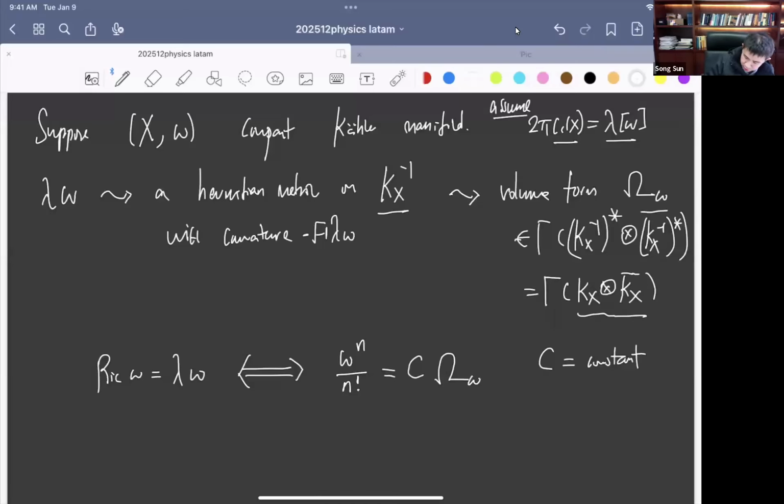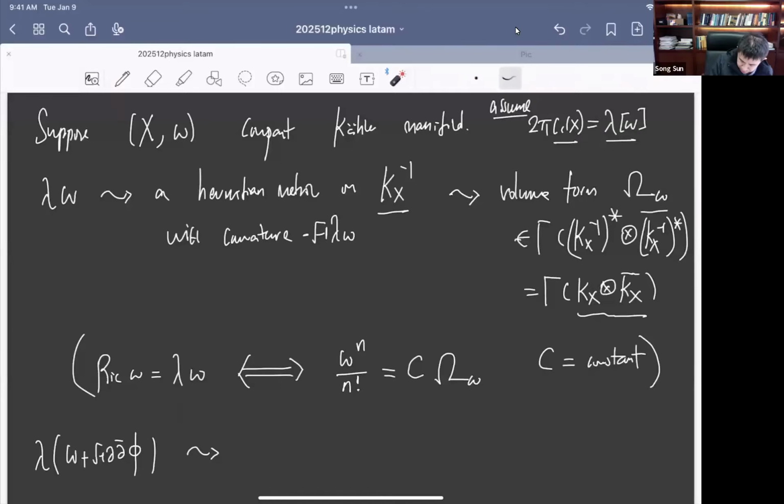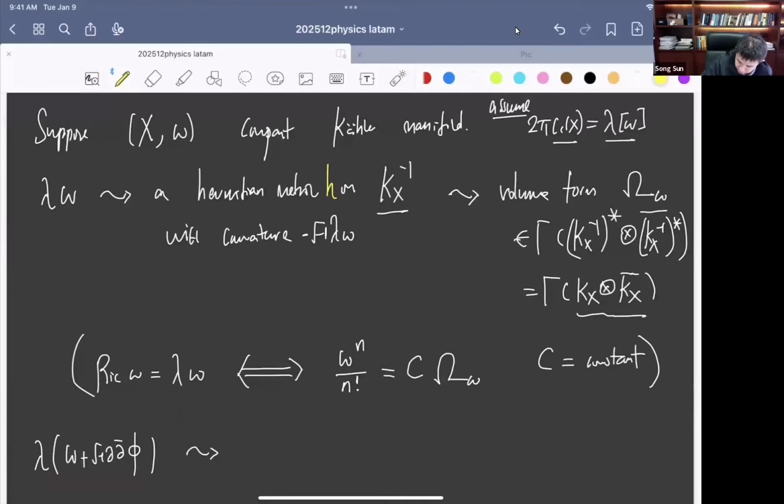If you're given just a little omega, it does not necessarily satisfy the equation. Then what we do is change omega in the same cohomology class using this phi: omega plus i partial partial-bar of phi. Lambda times this will generate, so you're changing the curvature form by this, then the corresponding Hermitian metric. Let's maybe write this down.